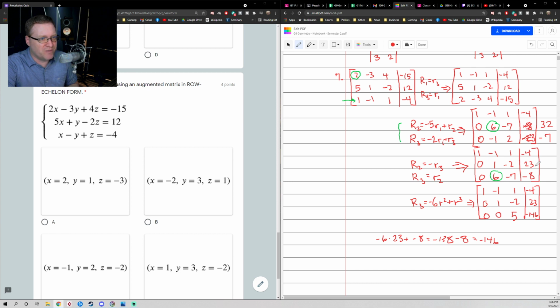All right, the only problem is that when we switch rows, instead of becoming 23, this should become +7. All right, and then this one down here is going to switch. This is going to be 32. Okay, and then 1, -6, 1, -4, 0, 1, -2, and then this is 7.